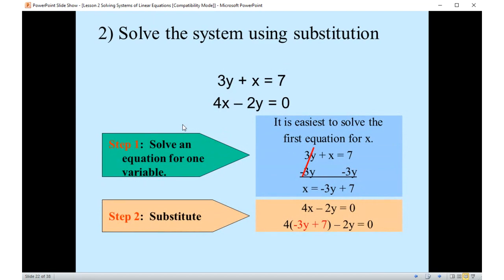For some reason, this is not finished on here. So you would substitute it, you would get negative 12y plus 7 minus 2y equals 0. So you get negative 14y equals negative 7. And then you divide by negative 14, and you get that x equals 1/2.